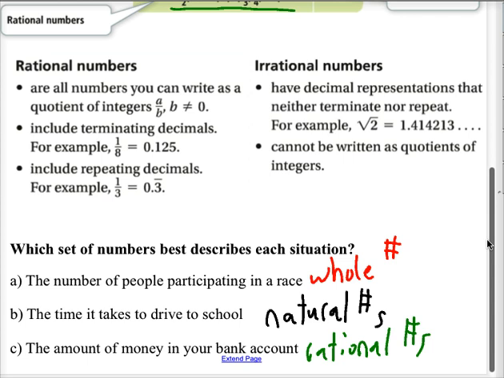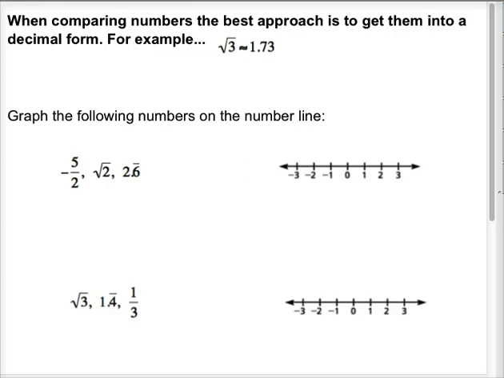So there's some practice describing types of numbers. Now, once we understand types of numbers, we start to have a conversation about comparing numbers. The easiest way to compare numbers is to look at their decimal form. For example, trying to talk about the square root of 3, we may not know what that is, so it's a lot easier if we look at the decimal representation.